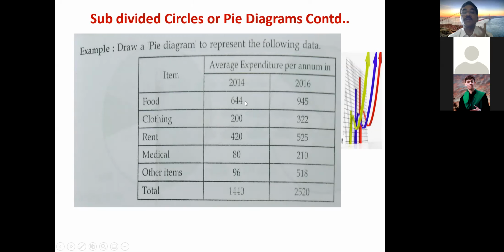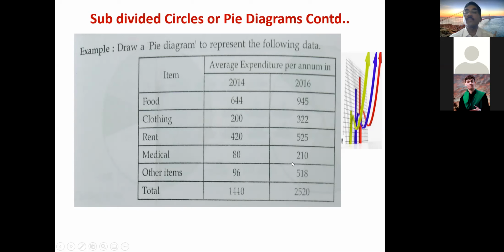Food is 644 in 2014, 945 in 2016, then 200, 322, 420, 525, 80, and so on, all is given. The total average expenditure per annum has come to 1,440 in 2014, and in 2016, 2,520.